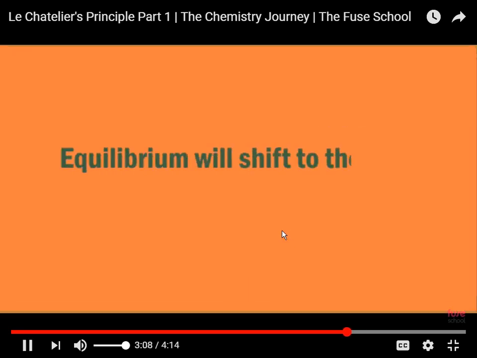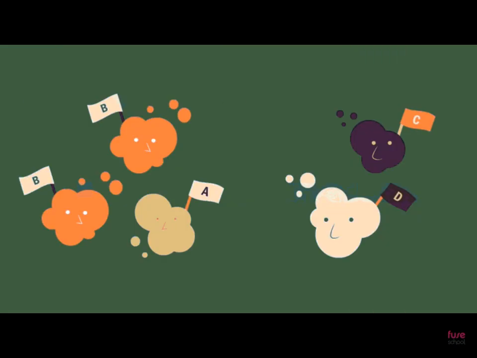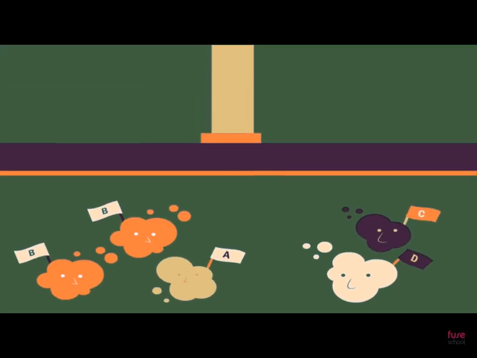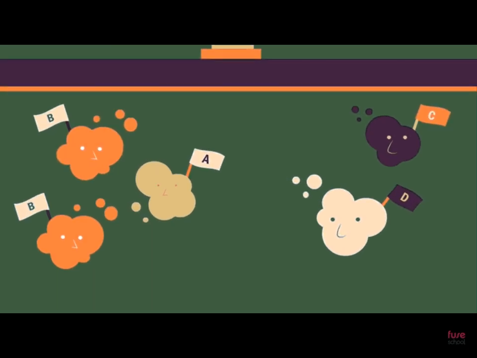Equilibrium will shift to the side of the reaction with fewer moles. In our example, an increase in pressure will cause equilibrium to shift to the right, since there are fewer moles, 2 moles compared to 3 moles on the left. A decrease in pressure means that there is an increase in volume, so there is more space.